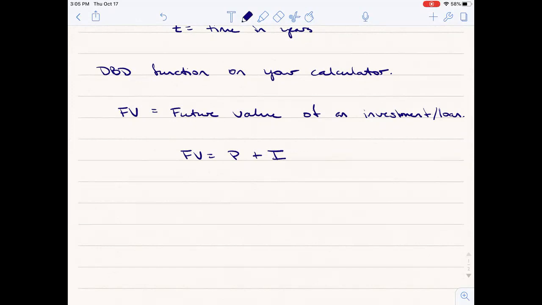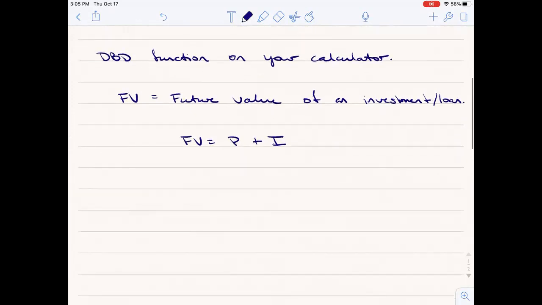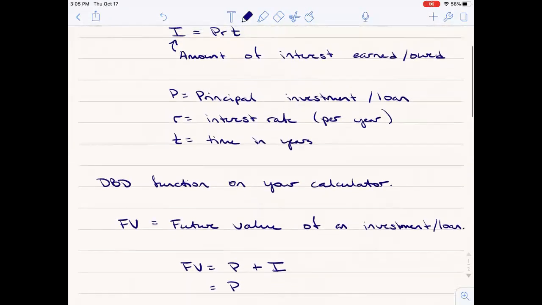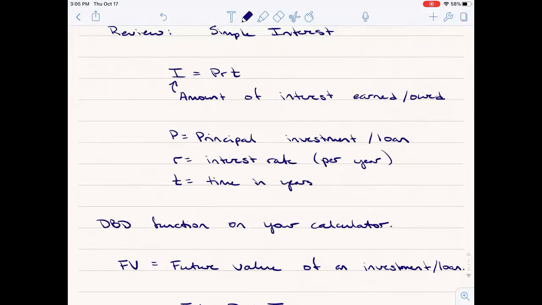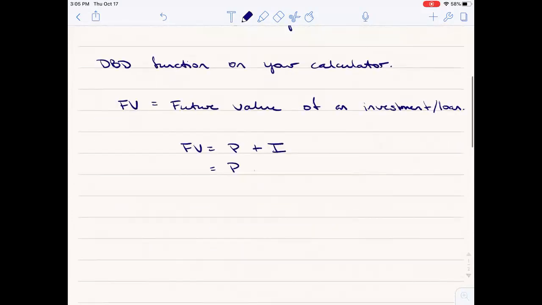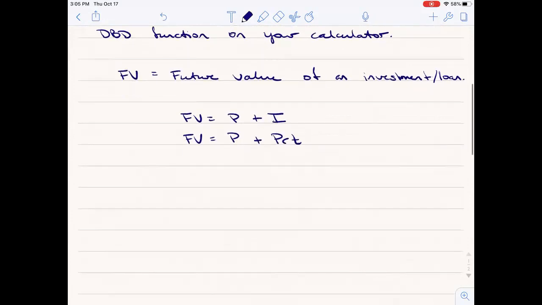That's still true, but what's on your formula sheet is a little bit tidier, because we can replace I with PRT. I equals PRT, so we plug that in for I and get plus PRT. We can factor out a common P, and so we get P times 1 plus RT. And that's the formula on your formula sheet.